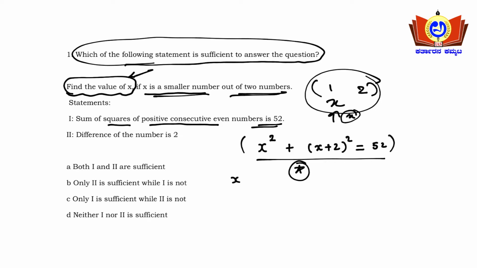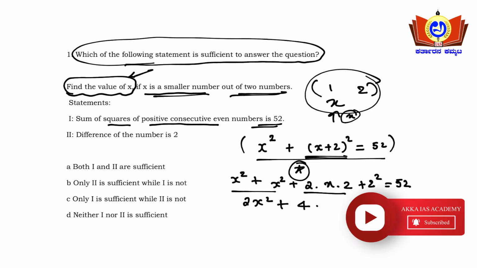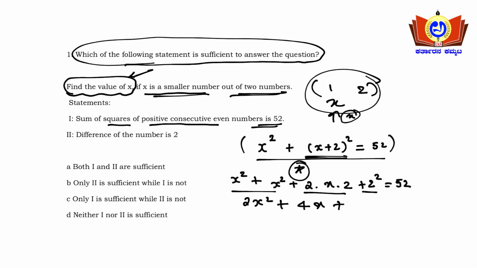So this is x square plus (x plus 2) whole square, using (a plus b) whole square, that will be a square plus 2ab plus b square. So x square plus x square plus 2 into x into 2, that is plus 4x, plus 2 square, that will be 4, equals 52.